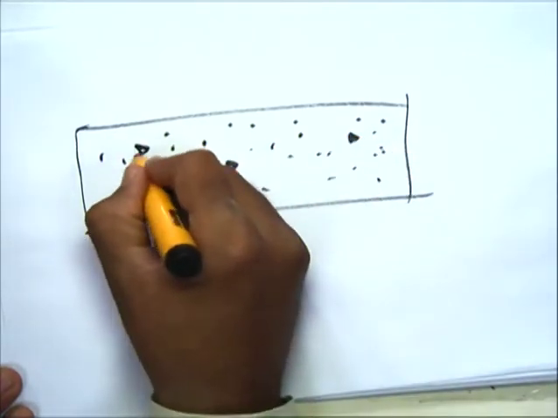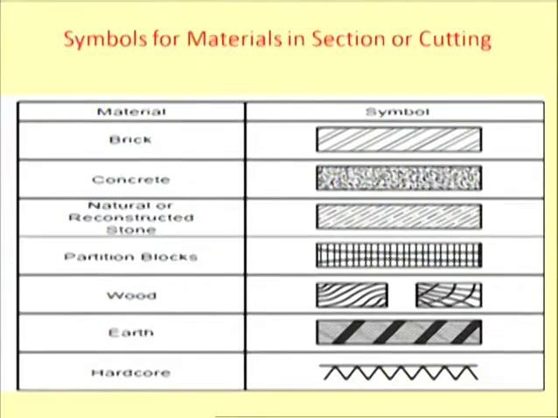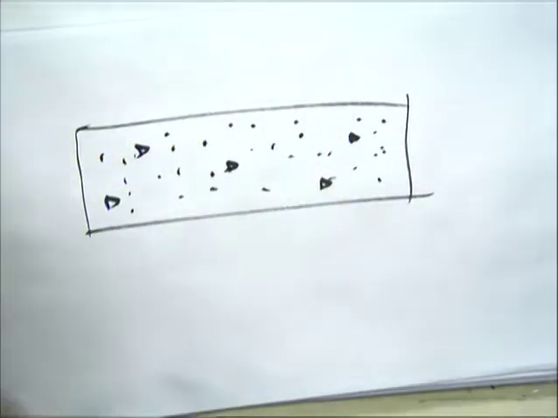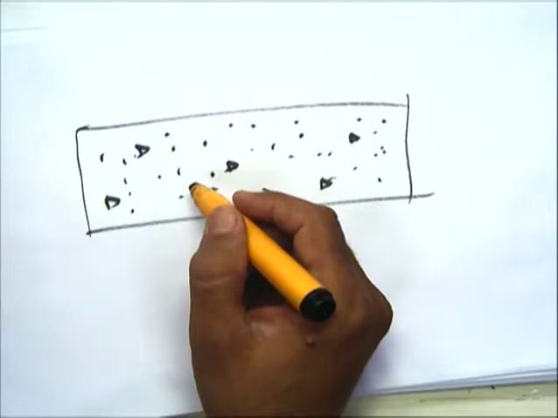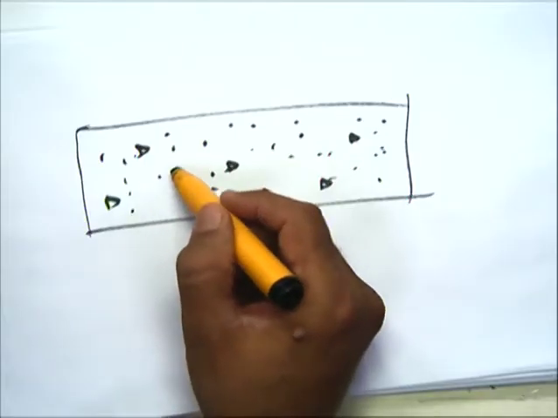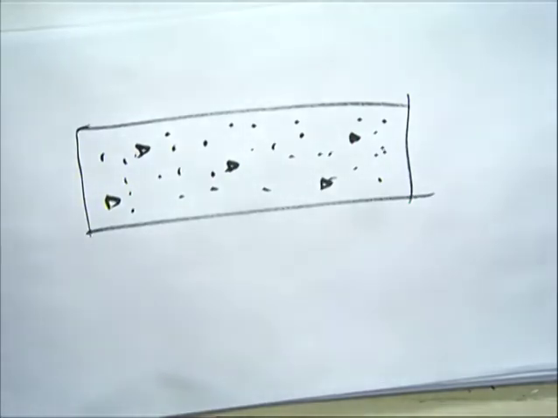So this is the proper symbol of concrete. In this slide it's not proper, but actually this type of symbol is used. This shows the cement concrete is made of water, cement, fine aggregate and coarse aggregate. This dot shows the cement and fine aggregate, and this triangle shows the coarse aggregate, and this is universally accepted. Everywhere this concrete symbol is used like this.